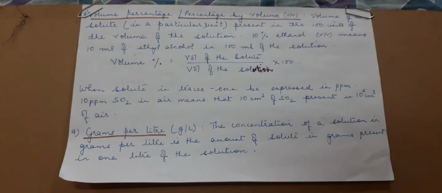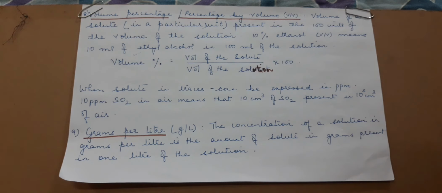So when solute is in traces, here also we can express it in ppm. For example, 10 ppm SO2 in air means that 10 centimeter cube or 10 ml of SO2 is present in 1 million, 10 to the power 6 centimeter cube of air.